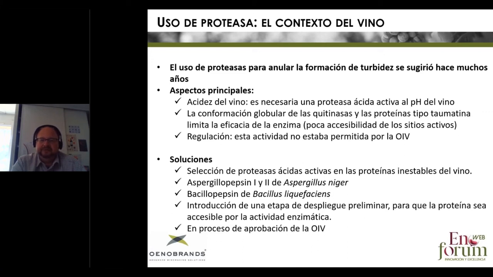Due to the unfolding of the protein, those proteins with heating are accessible to the enzymatic activity. And for the regulation issue, we started the discussion and approbation process inside the OIV organization 5 or 7 years ago.